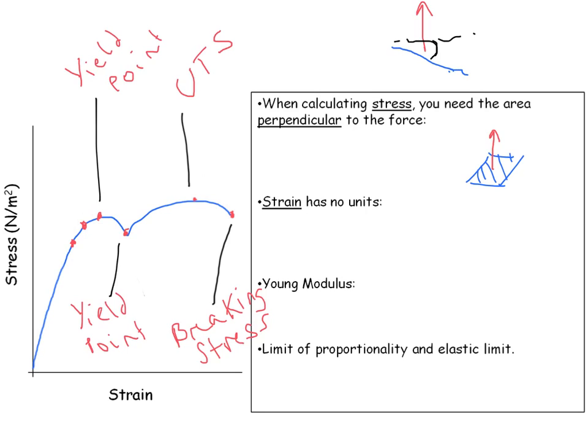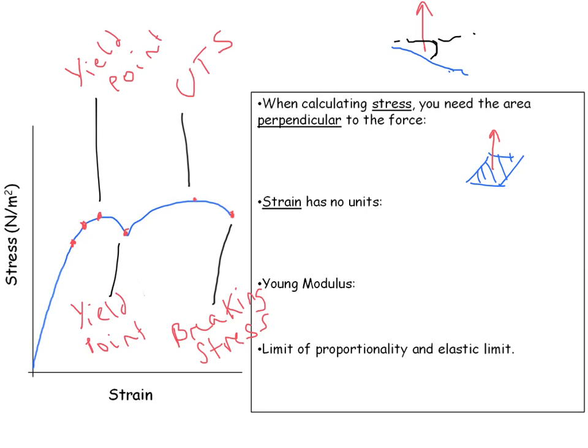By knowing what the angle was, you could work out the area perpendicular to the force. For instance, you take the area and multiply it by the cosine of the angle, and that will tell you the area that was perpendicular. That's something they could do if they really wanted to stretch the question. I've never seen that before in an exam question, but I just wanted to draw your attention to it because it's possible.